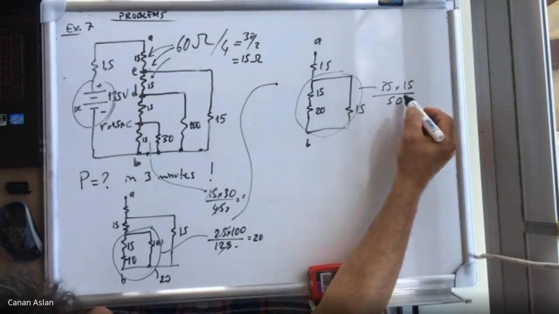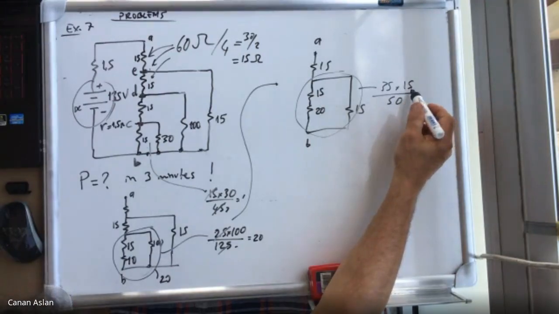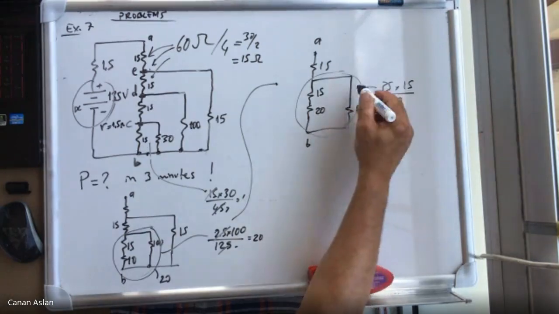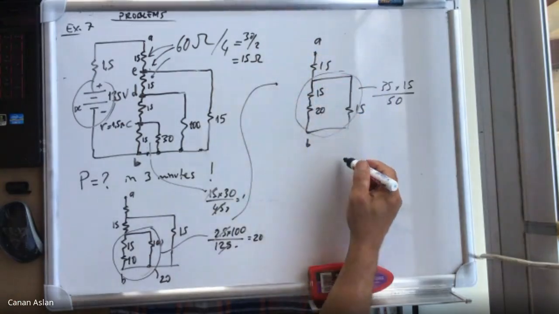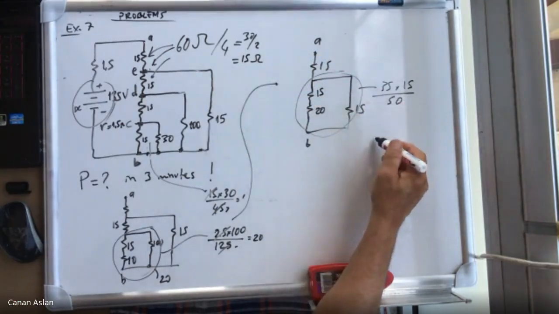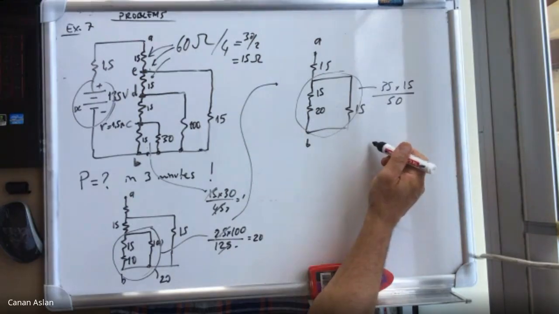Okay, then how can we get this as simple as possible? So now this is the resistance, and we have to add to 15. So 35 times 15, okay, divided by 50.